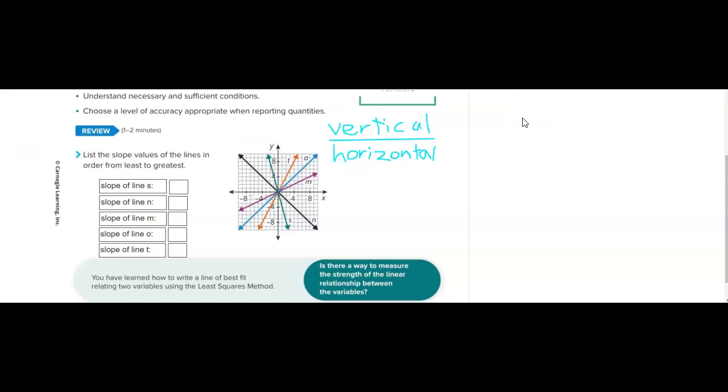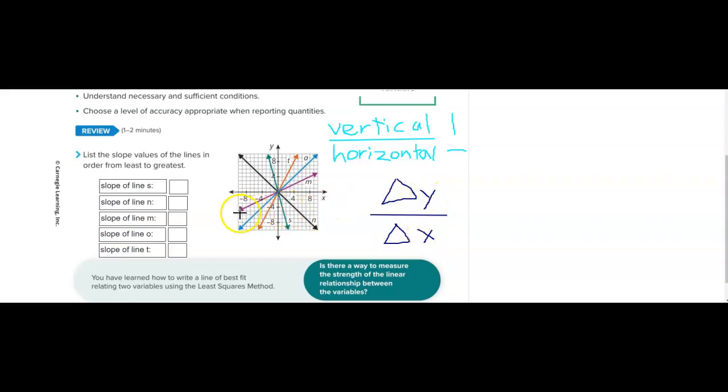When you're determining the slope of a line by looking at a graph, remember that slope is vertical change over horizontal change. This can also be written using the Greek letter delta, which looks like a triangle. This letter delta means change. So this means the change in y over the change in x.